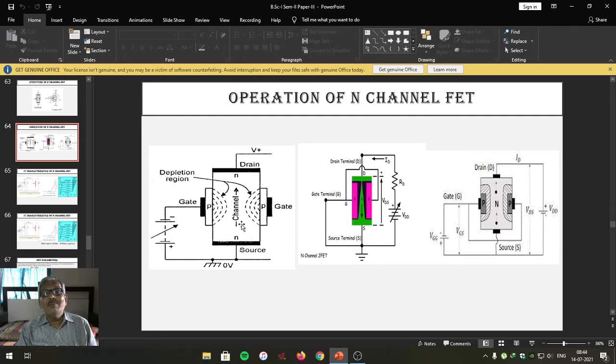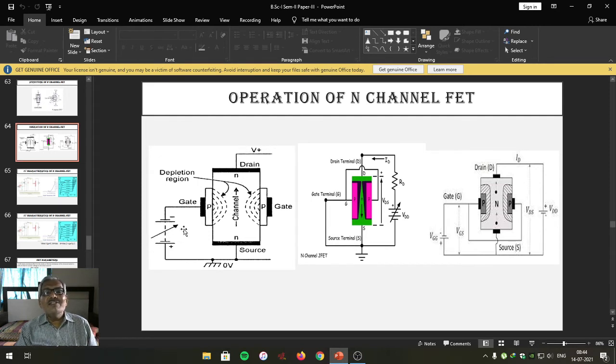So electrons liberated from the source reach the drain, no doubt about that, but they reach in smaller number. So that's why the drain current is reduced.